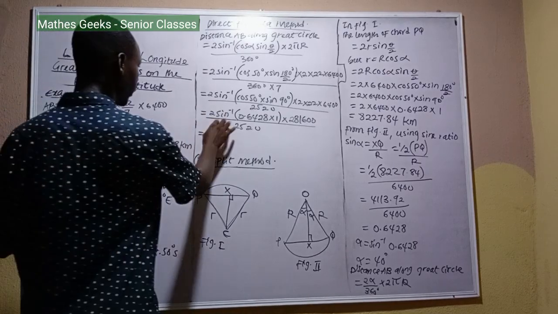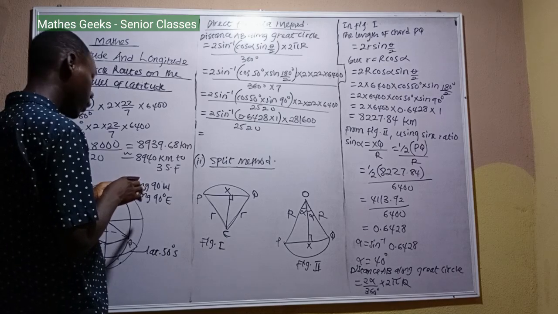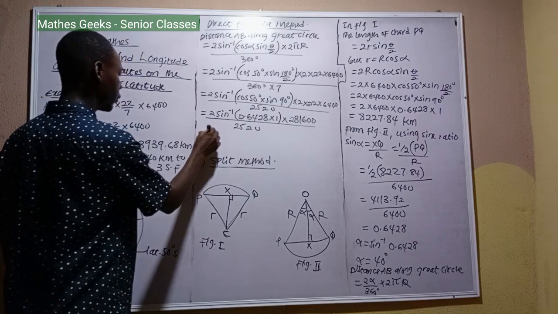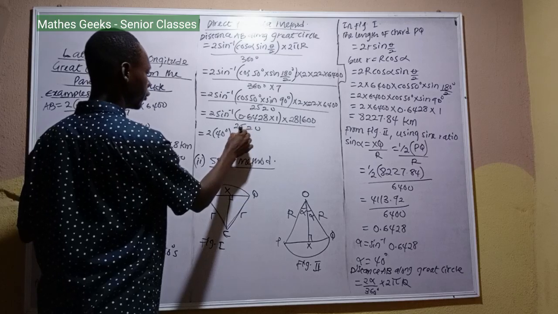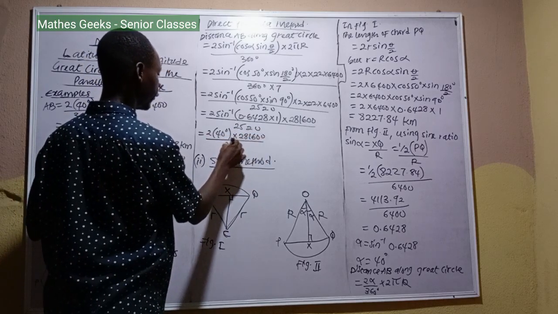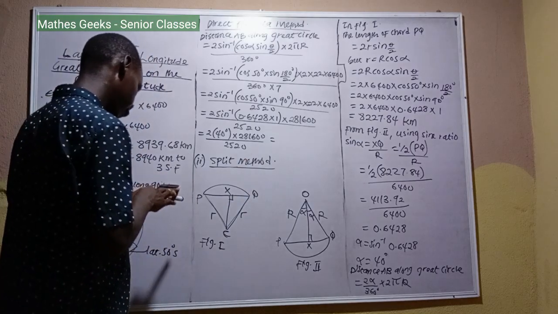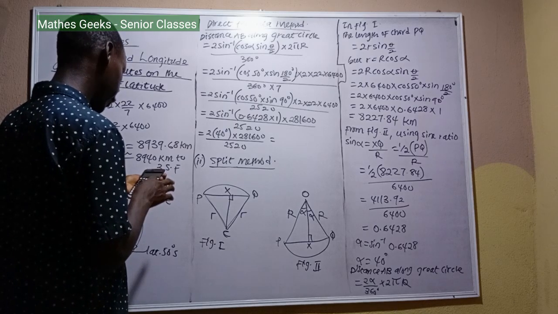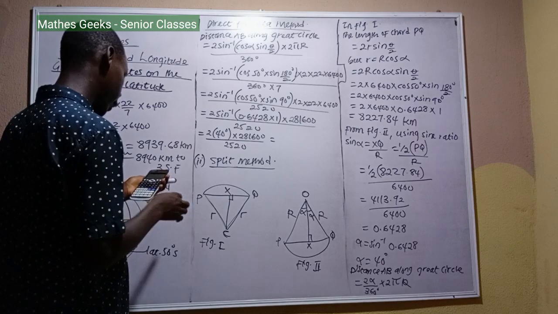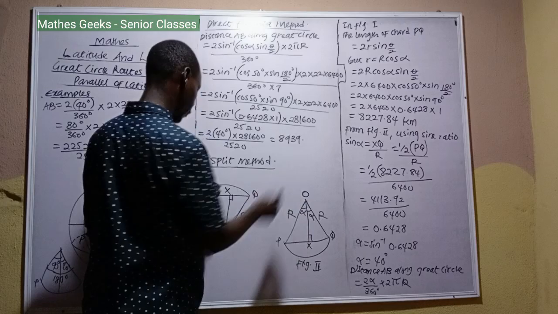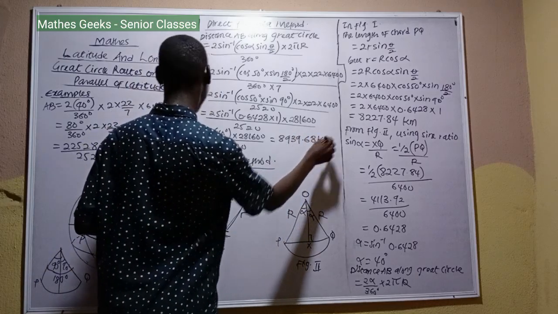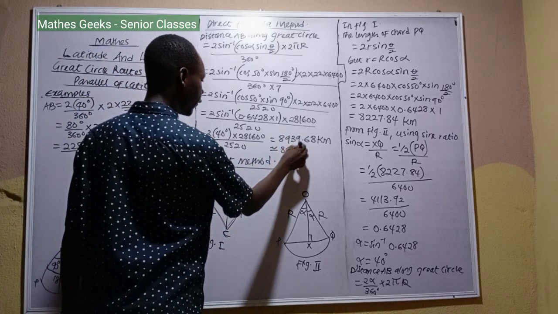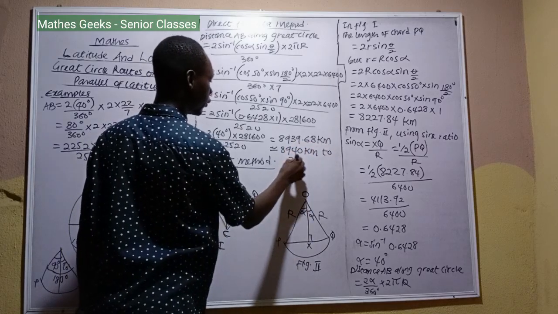So arcsine 0.6428 is 40 degrees. 2 times 40 degrees times 281,600 divided by 2520. 2 times 40 gives us 80. 80 times 281,600 divided by 2520 is 8939.68 kilometers. So approximately, to three significant figures, 8940 kilometers.